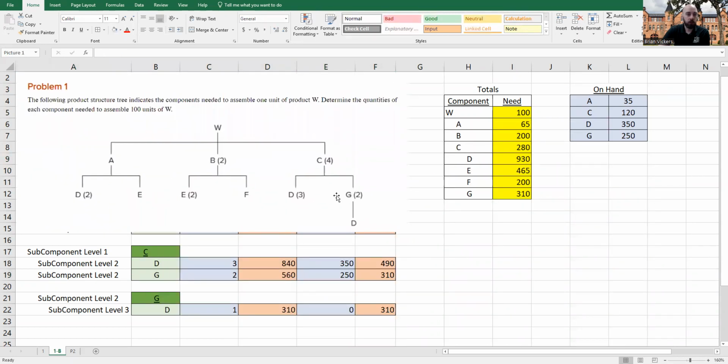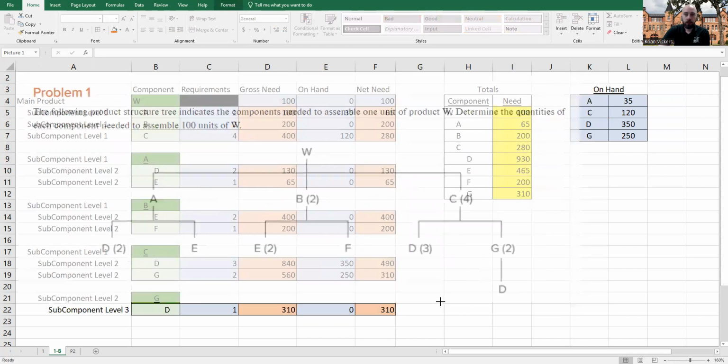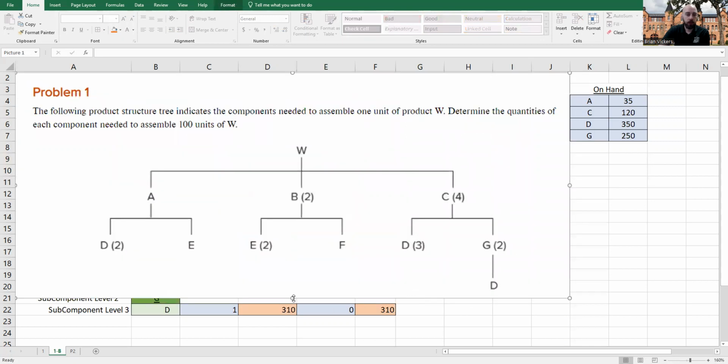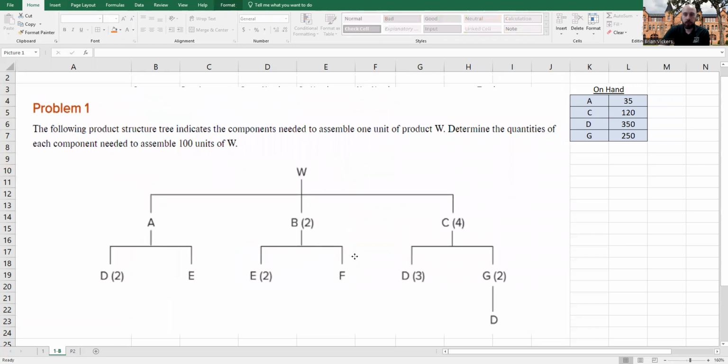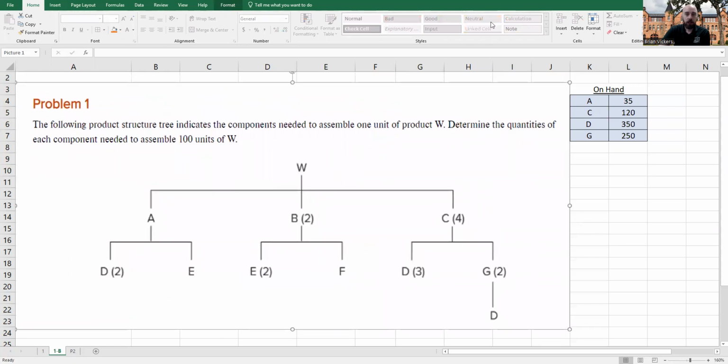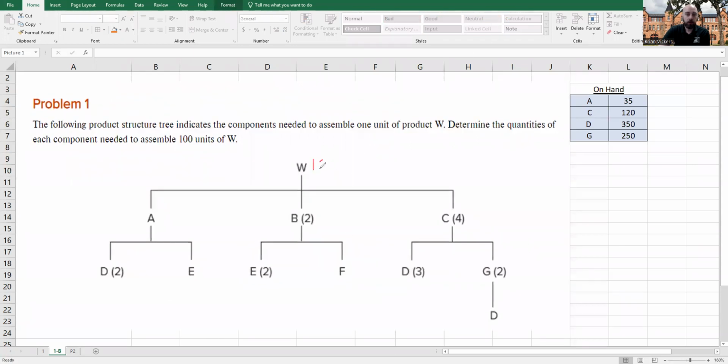All right, so let's work this problem once again, but this time completely by hand. And we'll probably bust out the calculator for this one. All right, so we need 100 of product W still, nothing changed there. We need to go to the next level and multiply 100 times 1 once again. So it's 100.